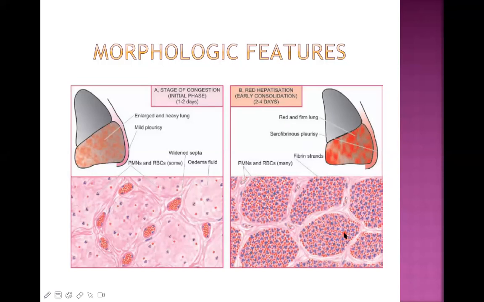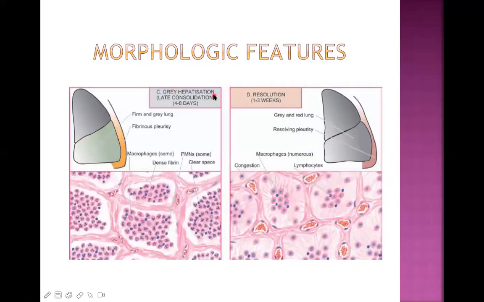Now the third one is gray hepatization. This is a late consolidation phase. It may last for 4 to 8 days. And look at the color now. It becomes gray in color. The pleurisy, meaning pleural inflammation, is still there, though it is slightly in the healing phase now.